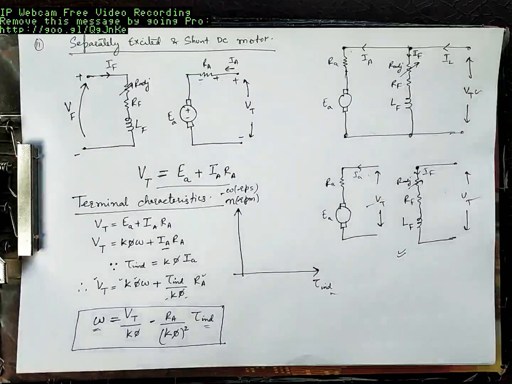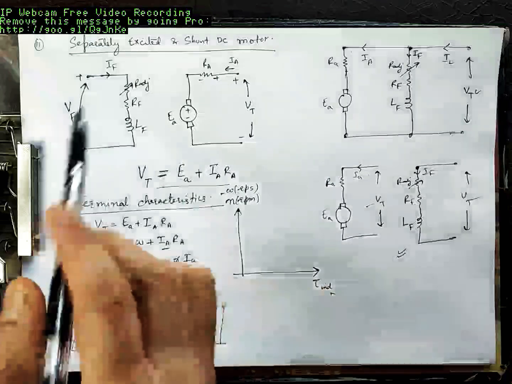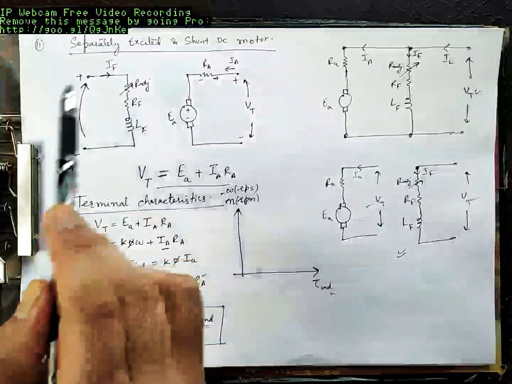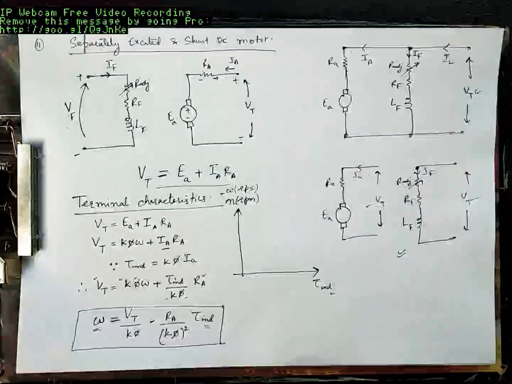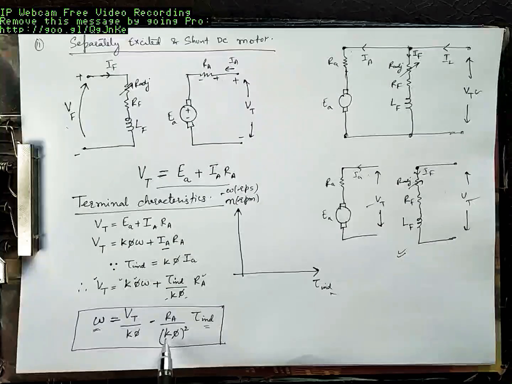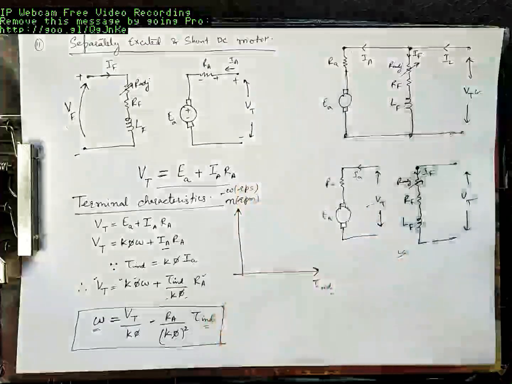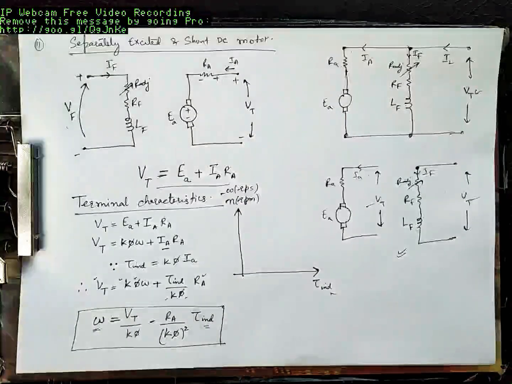If you compare this, since we have not changed the field voltage Vf, this If is constant, so flux produced by the field is constant, that is phi is constant, K is constant, Ra is constant, and terminal voltage Vt, we have not changed that, so Vt is constant.